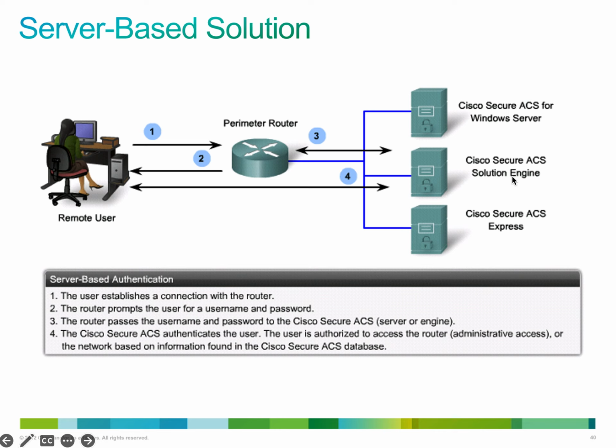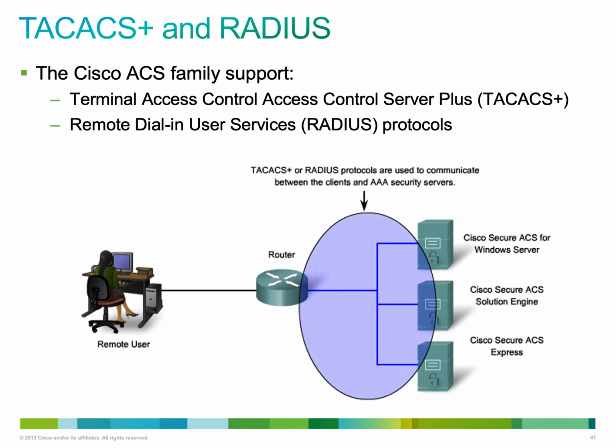Then step 4, the Cisco Secure ACS authenticates the user. The user is authorized to access the router administrative access, or the network, based on information in the Cisco ACS database. So these servers will grant you access based on the privileges that have been created for you. Is that okay? So this is the server-based solution.